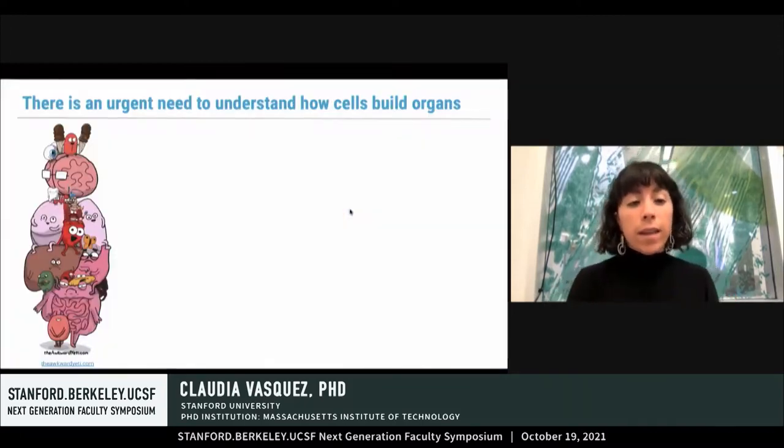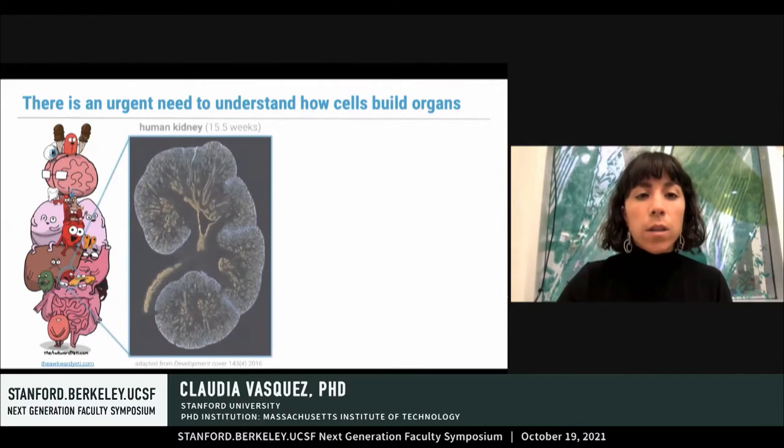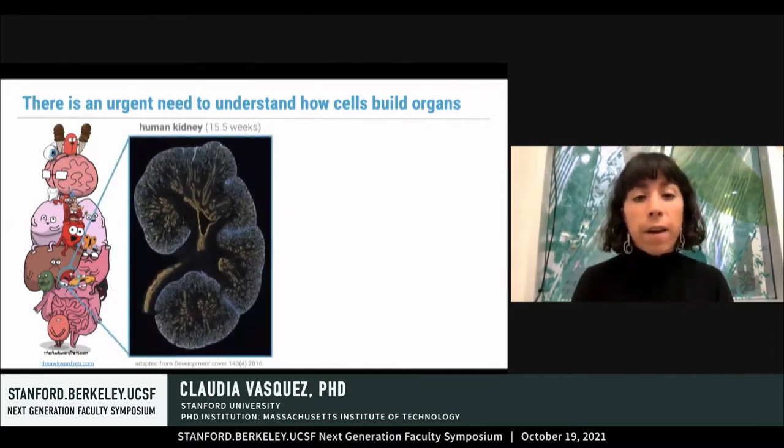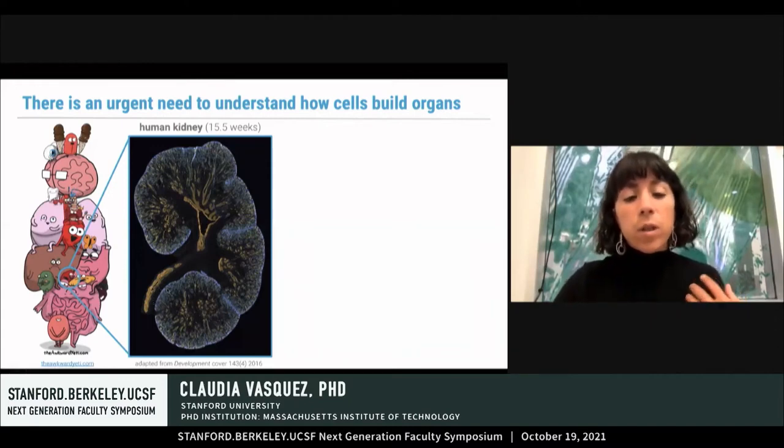And so one thing that's fascinating to me is that we have all these organs that are packed into our body. And even in this cartoon depiction of these organs, they have these wildly different shapes and structures that are essential for their function. So if we zoom in on the kidney, even this human kidney that's at 15.5 weeks, it has this elaborate structure and these different folds, these different tubes that are all essential for its function.